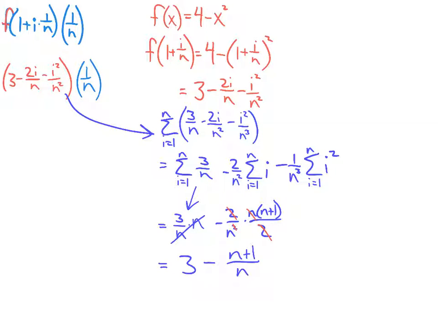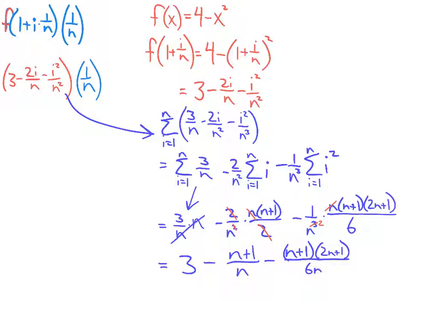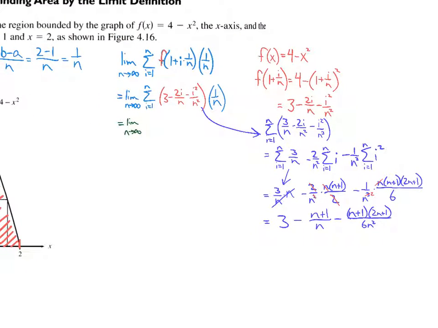And then the last part, it's a minus 1 over n cubed, and then I have the formula for i squared, n times n plus 1 times 2n plus 1 all over 6. This n will cancel out one of those. And I have a minus n plus 1 times 2n plus 1 over 6n squared.